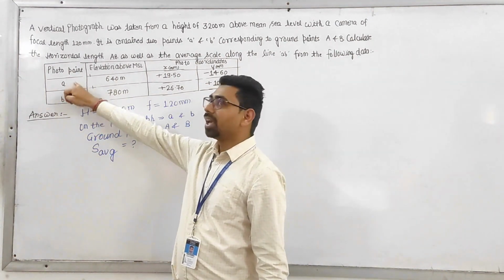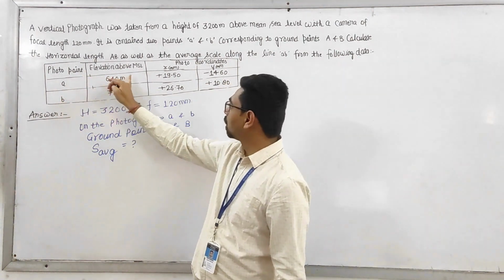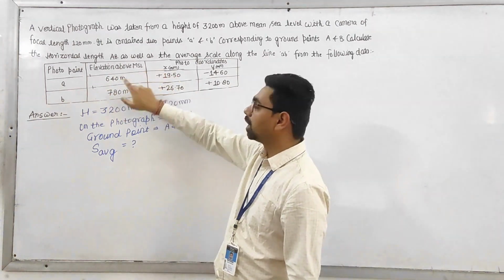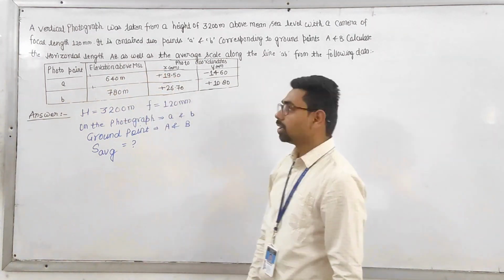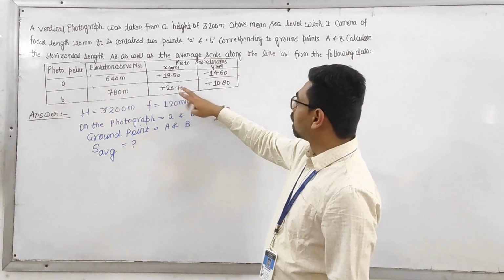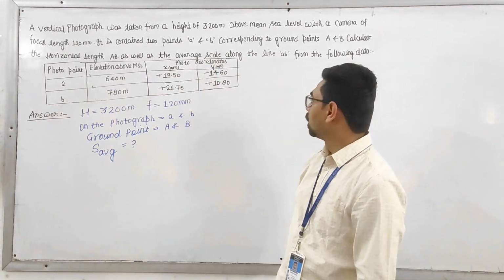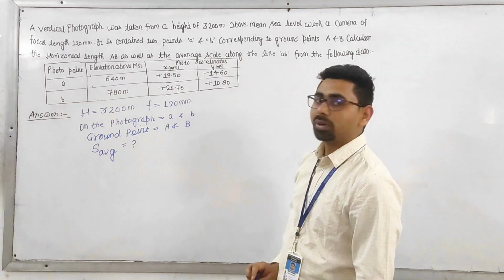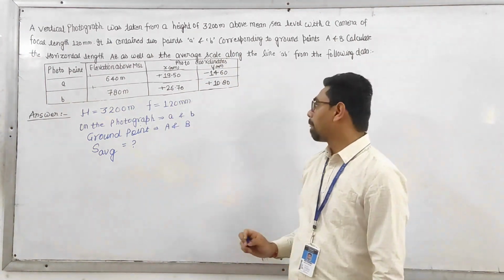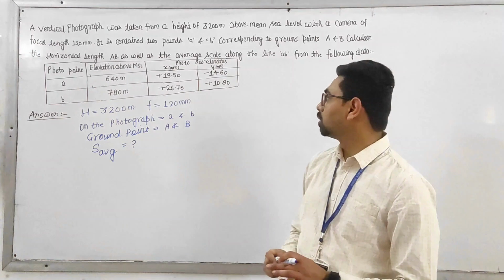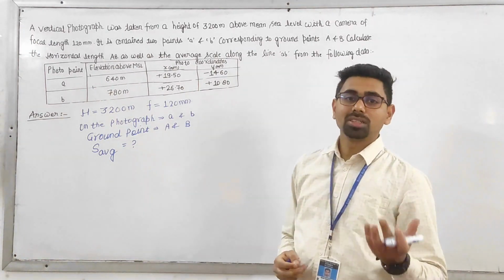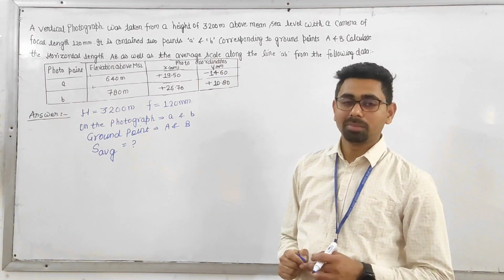Photo points A and B having an elevation above MSL of 640 and 780 meter. Photo coordinates are plus 19.50 mm, minus 14.60 mm, plus 26.70 mm, and plus 10.80 mm.